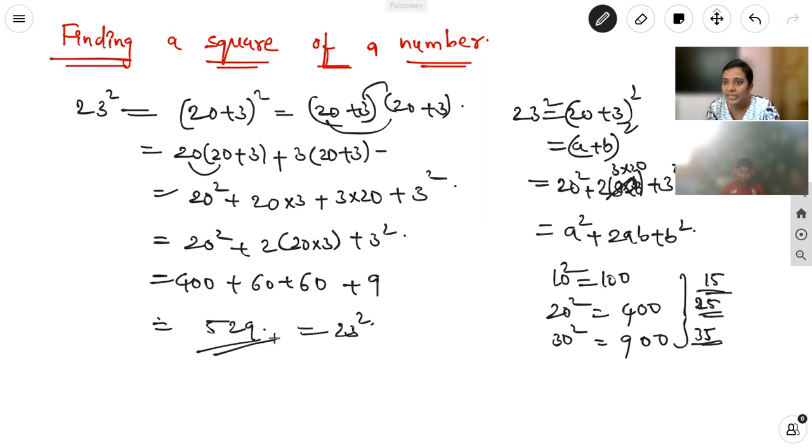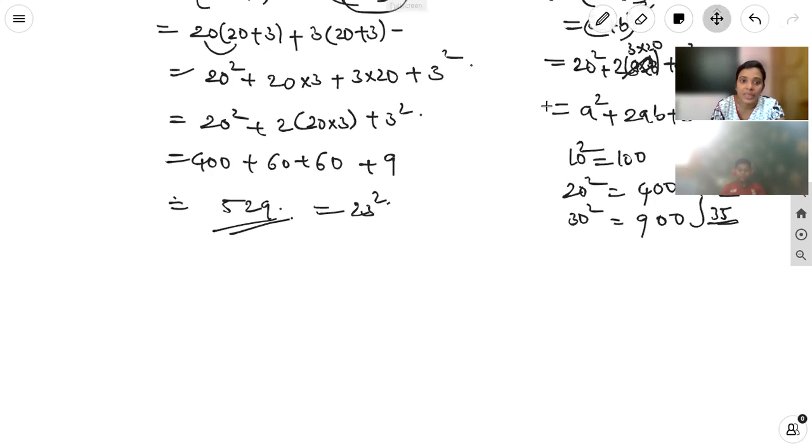We discussed this in the earlier class. In the same way, one more example: 39. 39 means 30 plus 9.